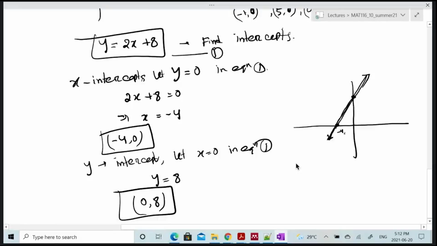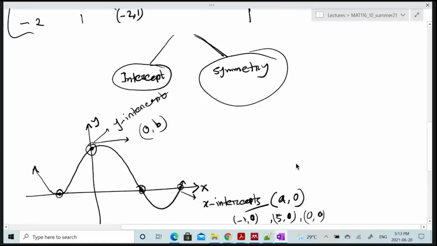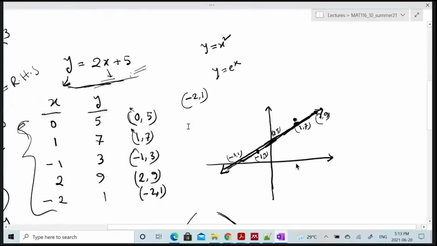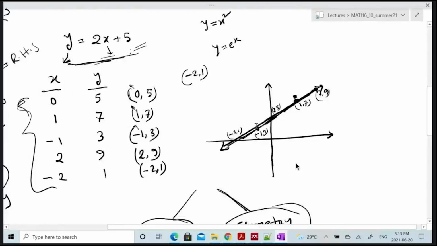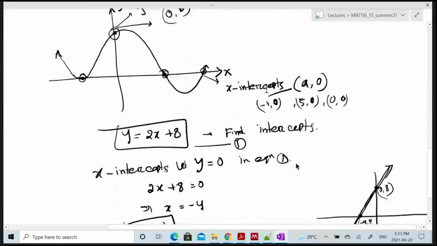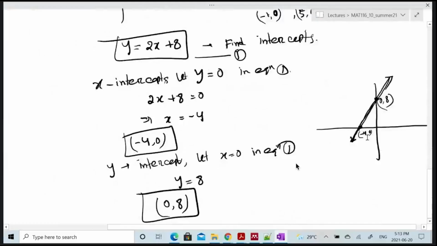But remember, when we drew the graph for 2x plus 5, we had to pick a bunch of points to understand how it looks. But here, we know the intercepts and we just join them and we got it.